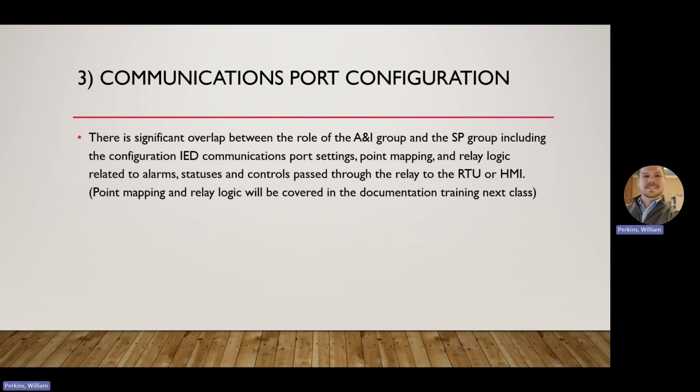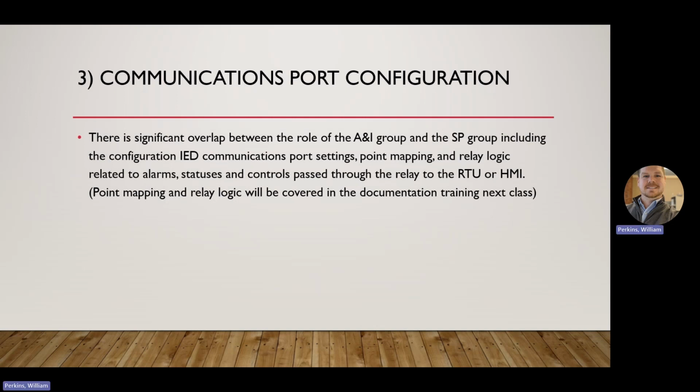Another significant part of the interaction of the A&I group is to let the system protection team know what the actual point mapping is between the relay or IED and the RTU. This would include letting them know which relay points are going to be sent to the RTU and in what order.